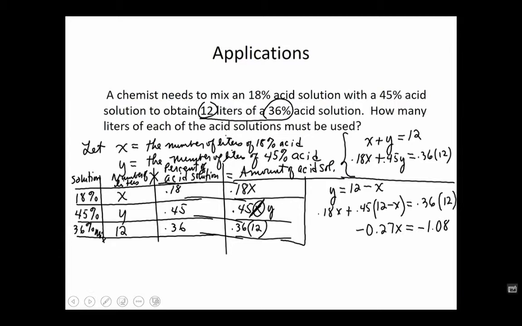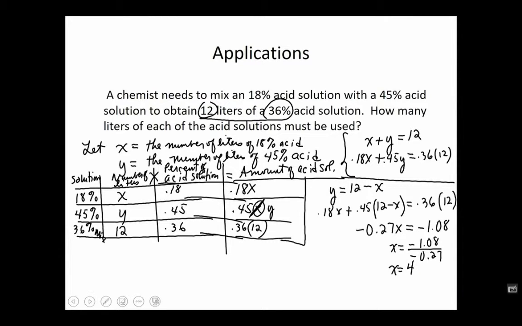All right, and if we were to solve this, you get that x is equal to a negative 1.08 divided by a negative 0.27. Using your calculators again, you should obtain that x is equal to 4.